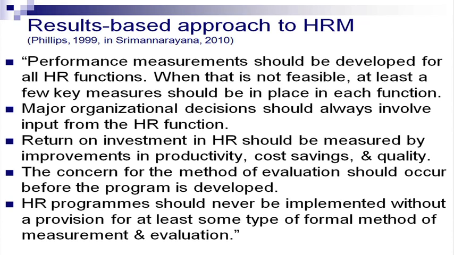We need to develop some criteria, some metrics, some ways of assessing and quantifying the performance of our employees for our HR functions, and we need to assess the output of these functions against the standards that we have set.